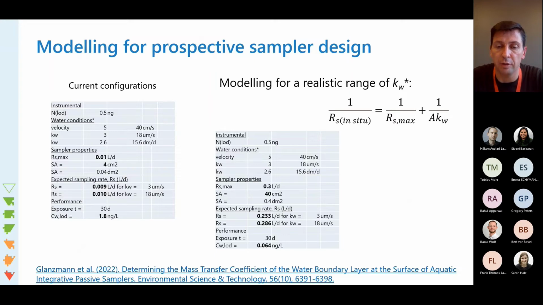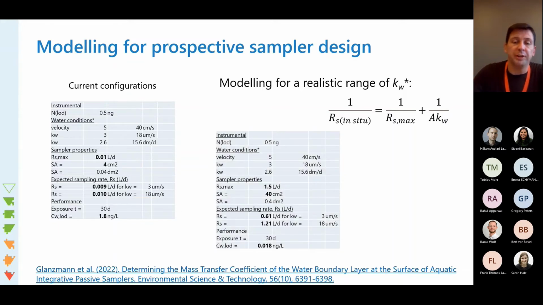For a much more rapid, high intensity water body, we will have a slightly higher sampling rate, where the maximum under these conditions would be the RS max of 0.3. So we would be between 0.23 and 0.3, which is, I think, a reasonably okay range of sampling rates.